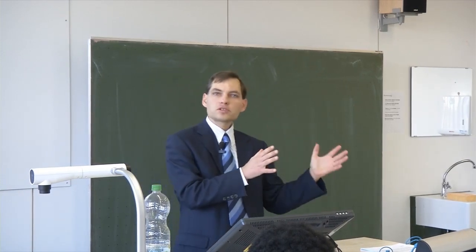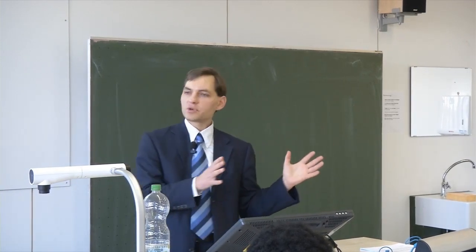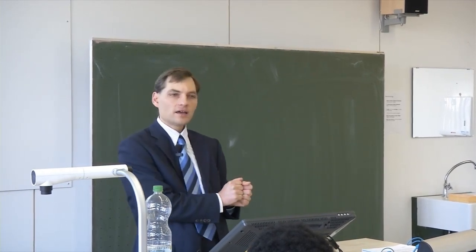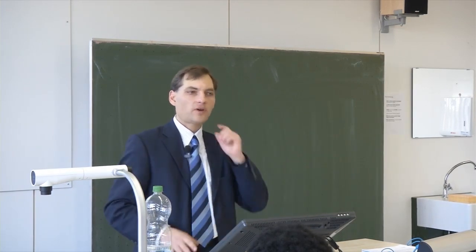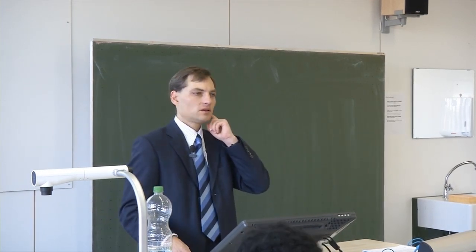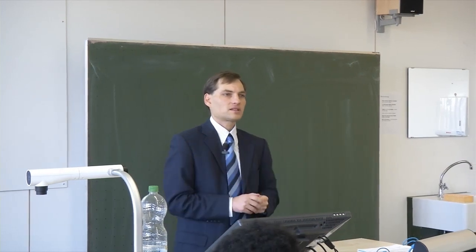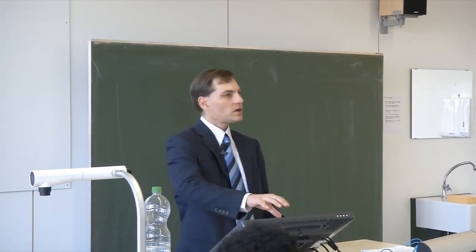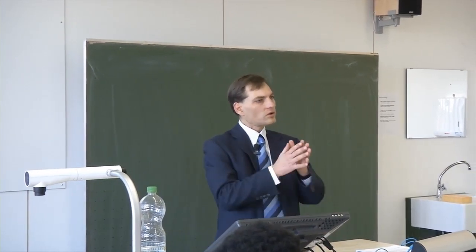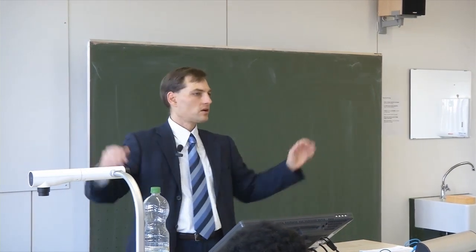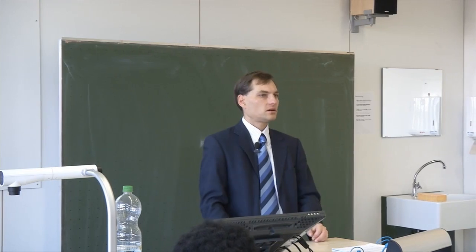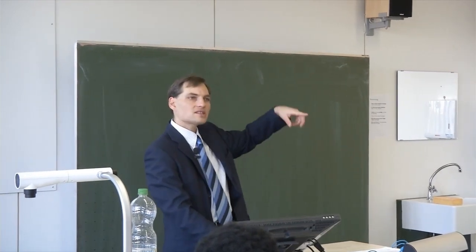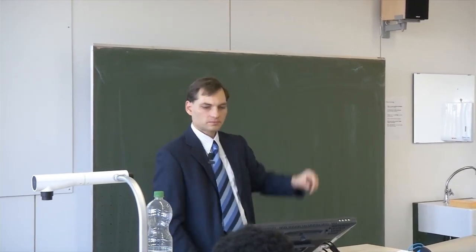Why do we have growth rates of around 10% in the past decade in China, and in Germany over the past decade just around 1.5 to 2%? Why are there these differences? That is studied in what we call growth theory. Growth theory looks at the long run growth performance of an economy, and it's different to business cycle theory. The business cycle is the fluctuations around this long run trend.